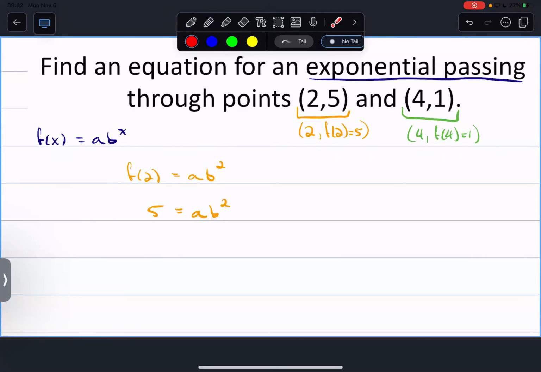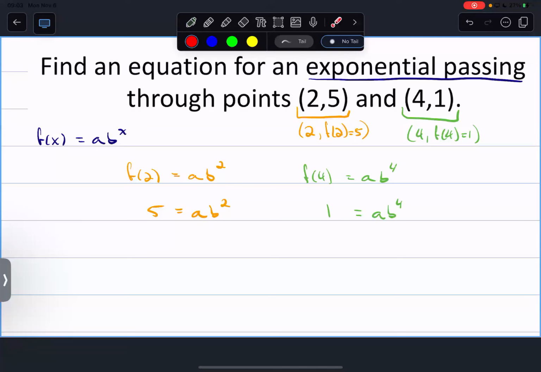(4, 1). So if I have f of 4 is a times b to the power of 4, and f of 4 is 1. A and B have to be the same here, right?